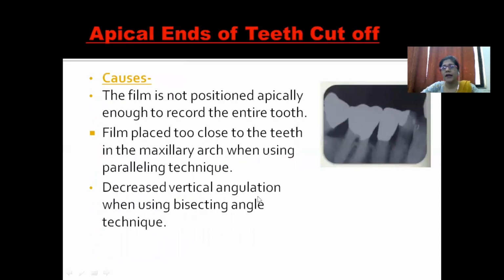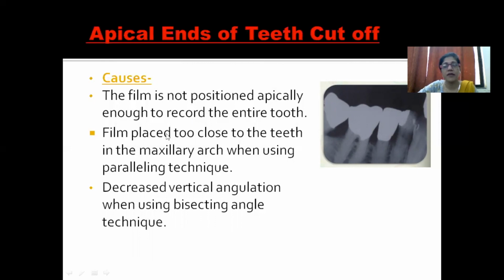Like apical end of a tooth cut off. The term itself means that we cannot see the apical end. Again, it is very important, because periapical pathology can be seen only when you have a radiograph with all the periapical structures visible. But if your radiograph is not showing them, what are the different causes? One reason is that the film is not positioned apically enough to record the entire tooth.